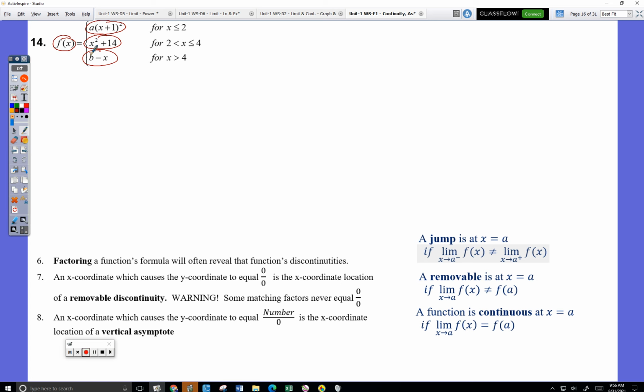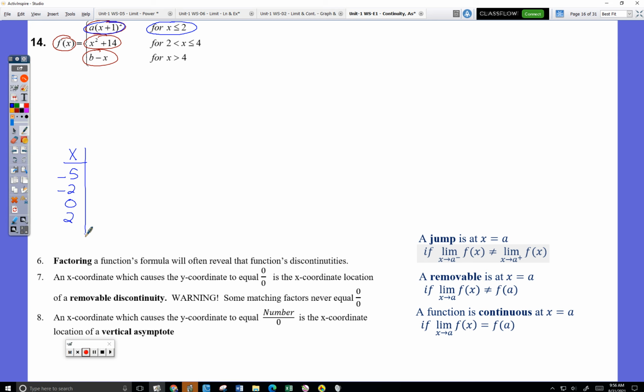So the top one, the blue, gets used for any x that is 2 or less. So if I'm using x's that are any of these, and a bunch of others, they'll all use the blue formula.